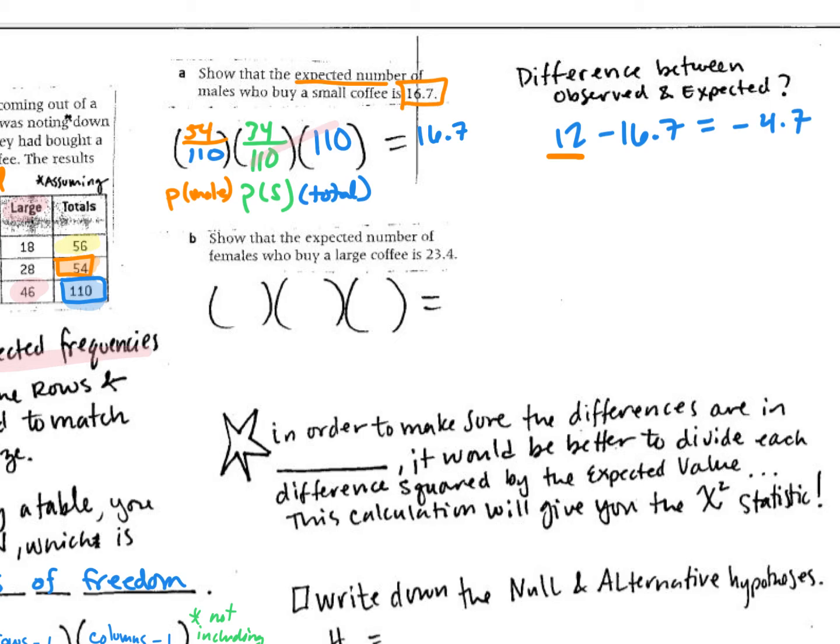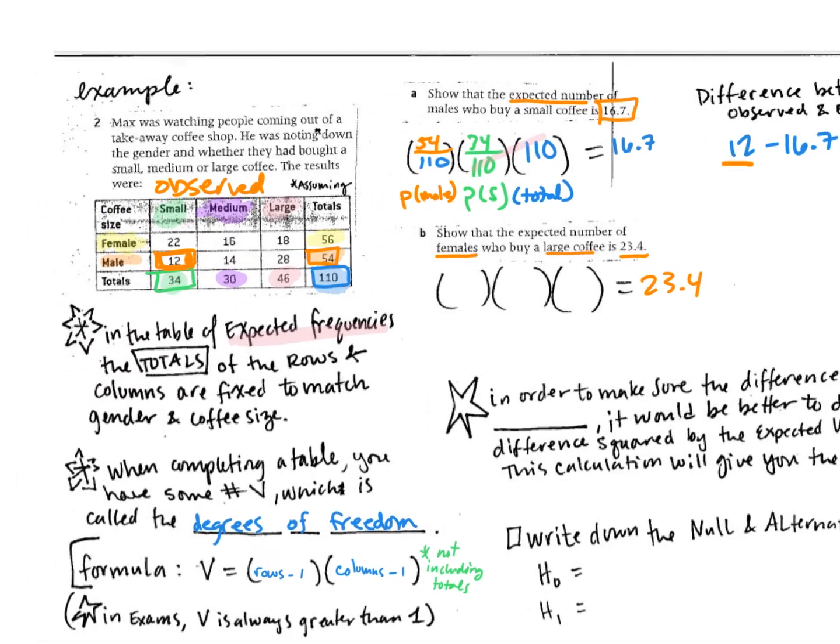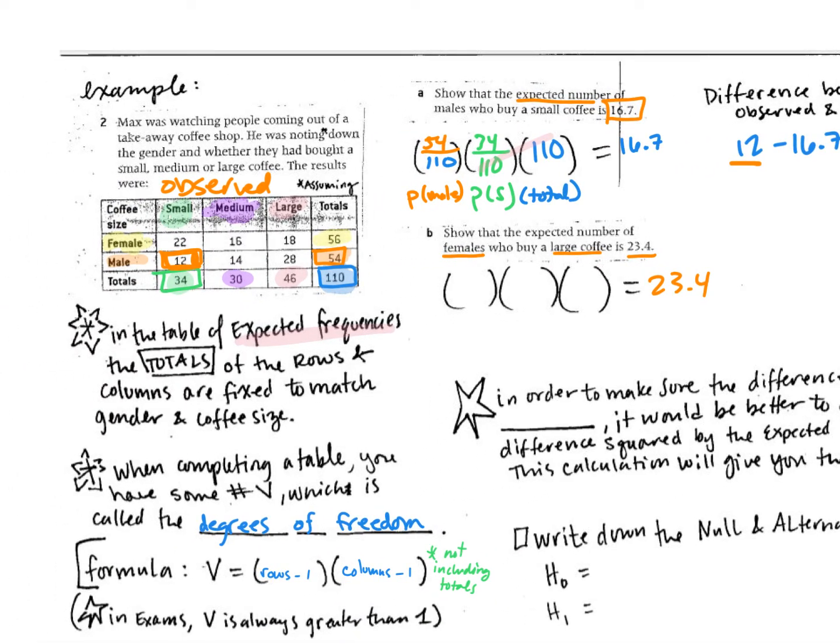Okay, so show that the expected number of females, so ladies, large coffee, is supposed to equal 23.4. So again, I need a different color pen. I would have 56 out of my 110. So that's the probability of a female.